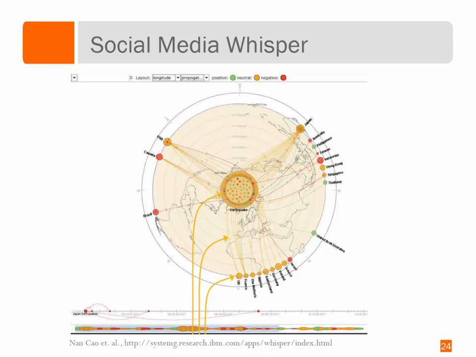The way that this application is organized, in the center, you'll have whatever a particular event or particular topic of focus will be at the center. And then different tweets will emerge. They'll have a particular sentiment.